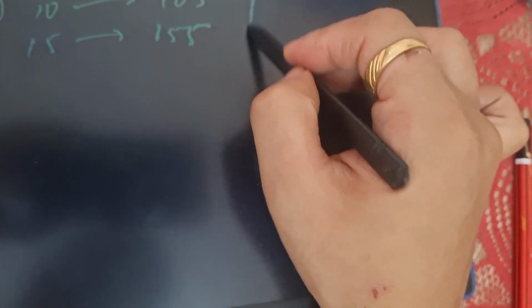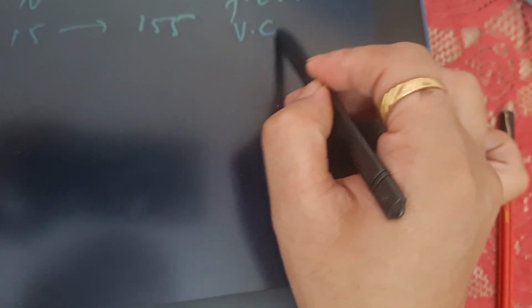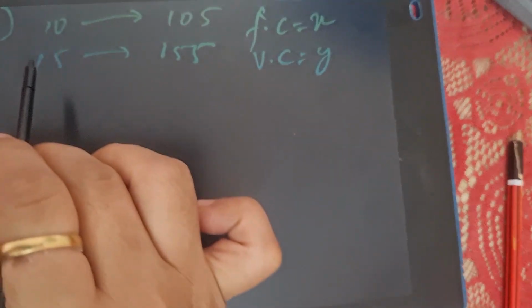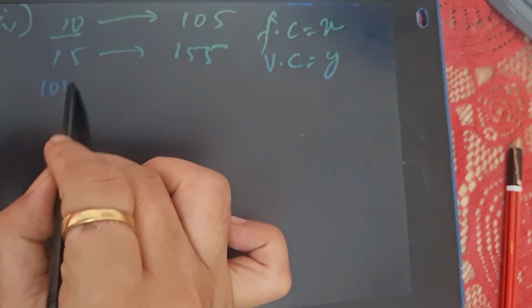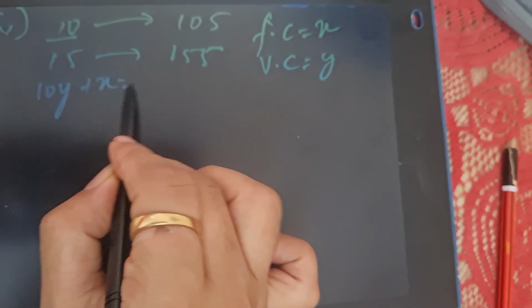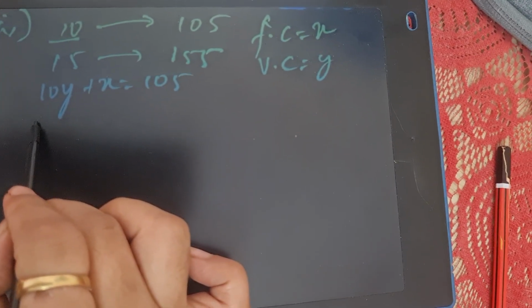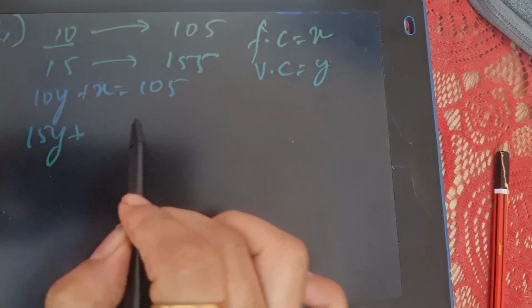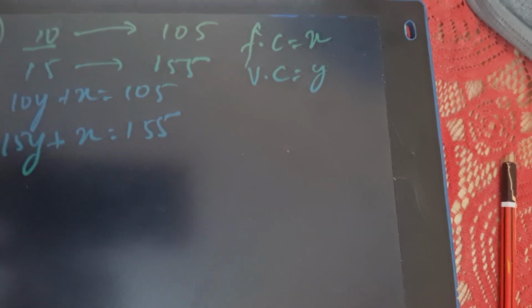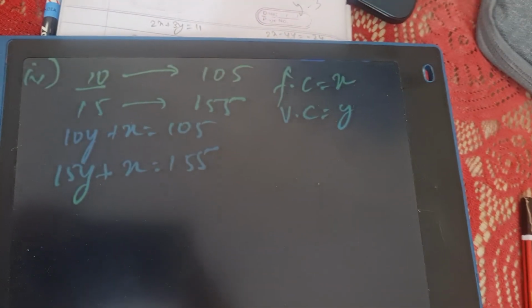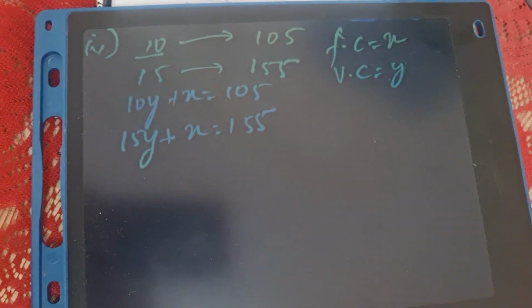What are the fixed charges and the charge per kilometer? Okay, let's say the fixed charge is x and the variable charge is y. So 10y plus x is 105 and 15y plus x is 155. So we will have to solve these two equations to obtain the variable charge and fixed charge.